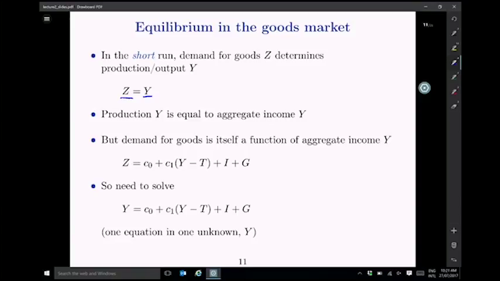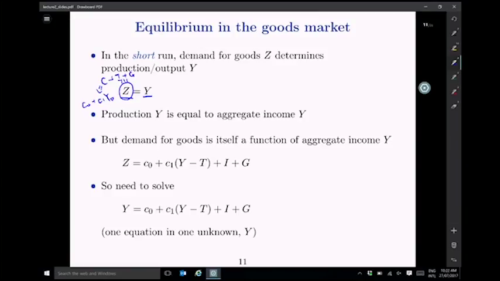That's Z equals Y. And what is Y? Remember we argued that when you calculate GDP, you can do it from the income side or production side. So this Y is also aggregate income, right? And then remember that this Z from the identity is the sum of C plus I plus G here. And we also learn that it's reasonable to think that consumption is a function of disposable income.